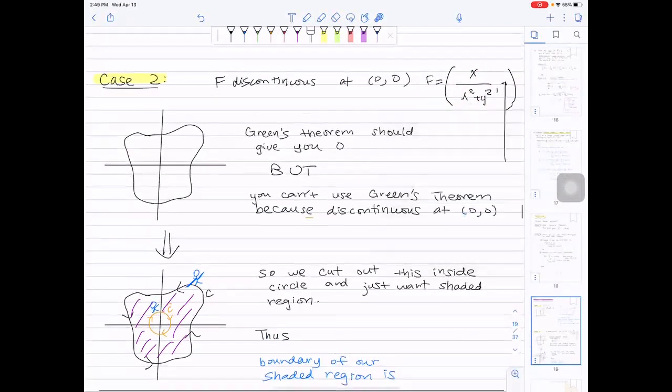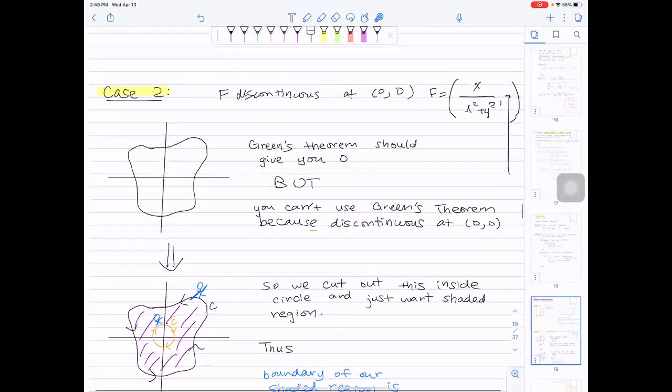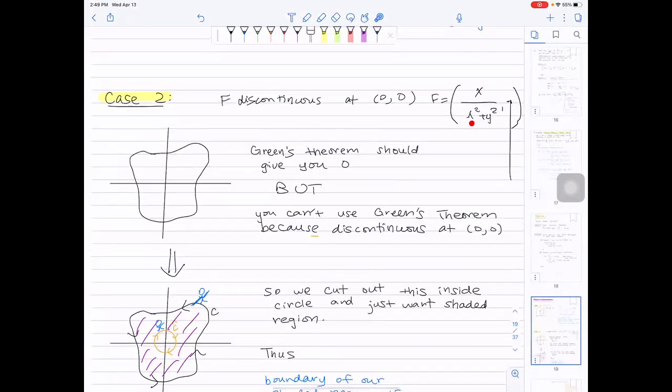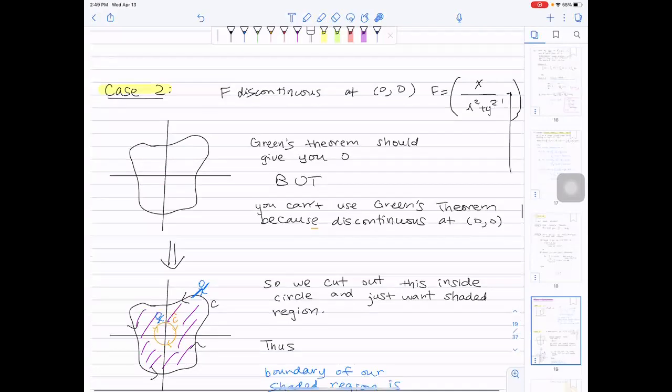But at the point 0, 0, our denominator does not exist because you can't divide by 0. So how can you take the integral over this region if it's discontinuous at 0? You can't. Your function has to be defined in order for you to take an integral. So we need to get rid of this discontinuity problem by cutting out a circle.